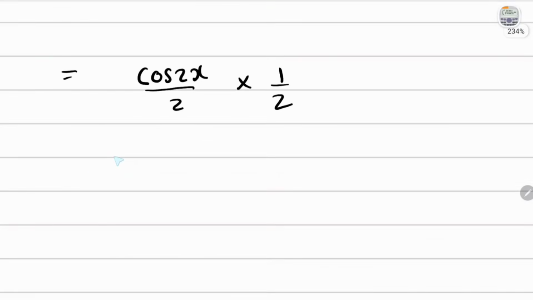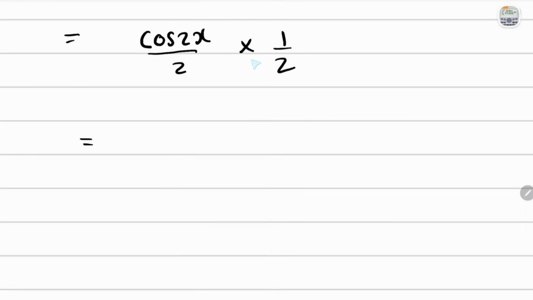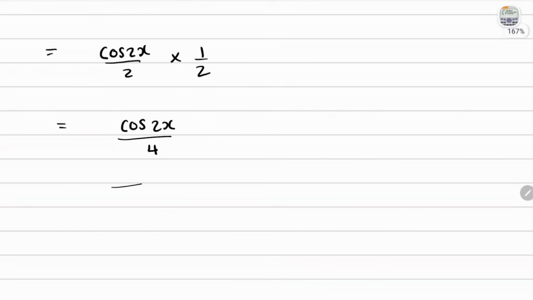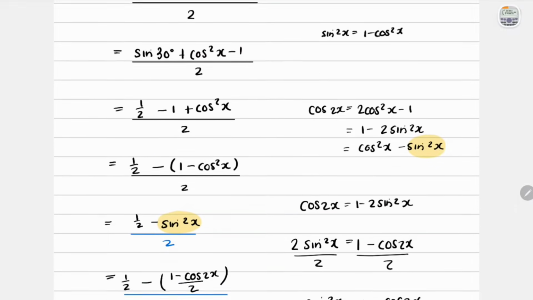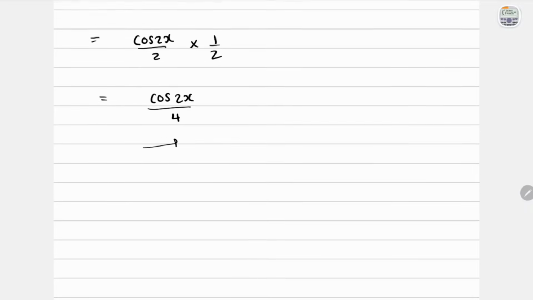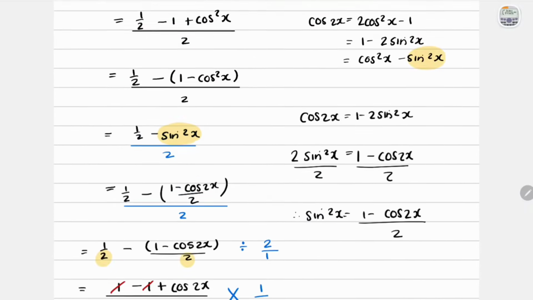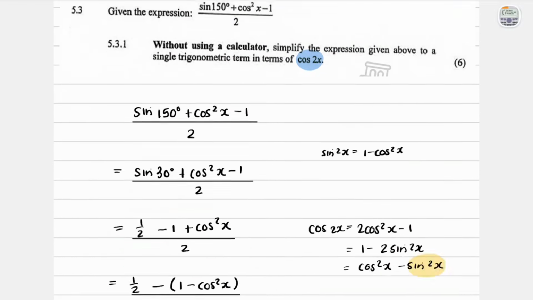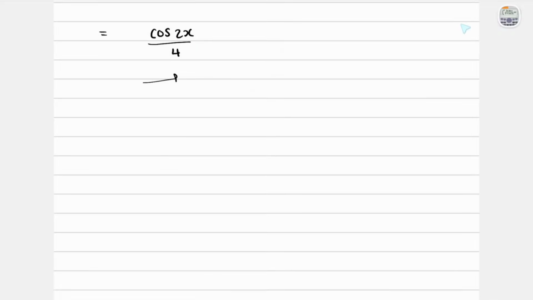Numerator times numerator, denominator times denominator. So that's going to give you cos 2x over 4. That's what that actually simplifies to. So that expression in terms of cos 2x is just cos 2x over 4. Okay, moving on to the next question, 5.3.2.